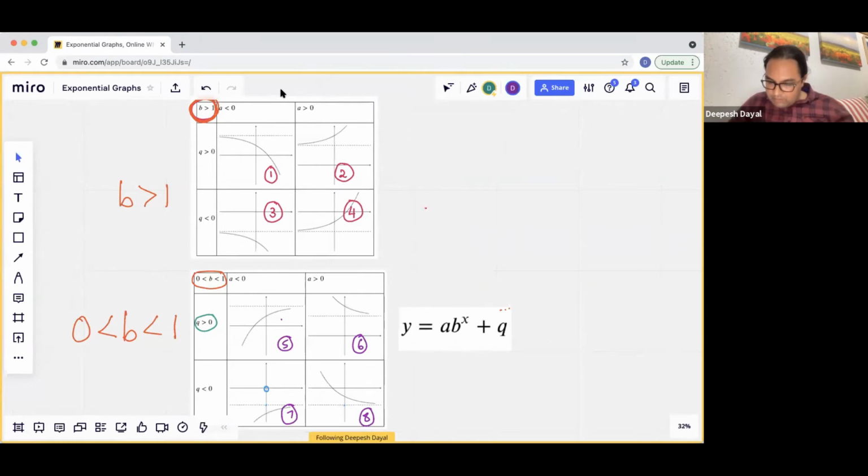y equals -3 times a third to the power x plus 2.